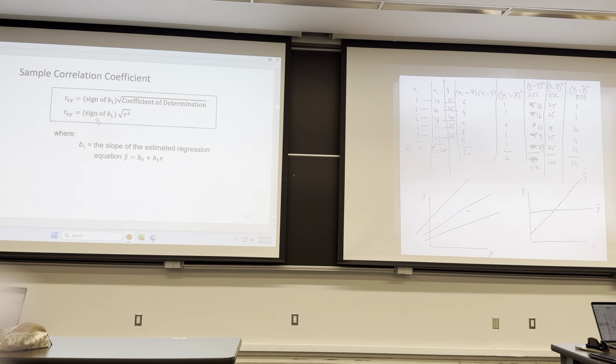If your slope is negative, you put negative. If your slope is positive, you put positive. So the coefficient of correlation is simply the square root of the coefficient of determination with the sign. Or I can also say the coefficient of determination is just the squared value of the coefficient of correlation.